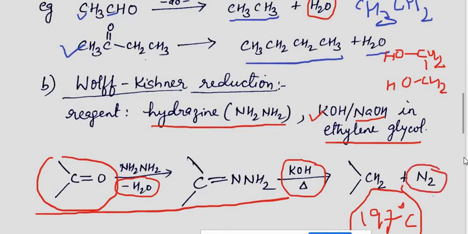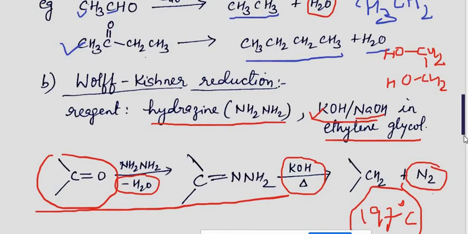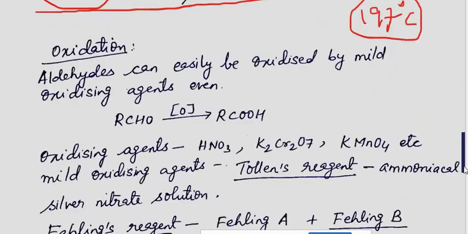This is the main difference. Another difference is that Clemmensen is carried out in strong acidic medium, whereas Wolff-Kishner is carried out in strong basic medium. You can see over here KOH or NaOH. So these are basically the two differences, but the main product in both cases will be the same. Now we come to the next part.